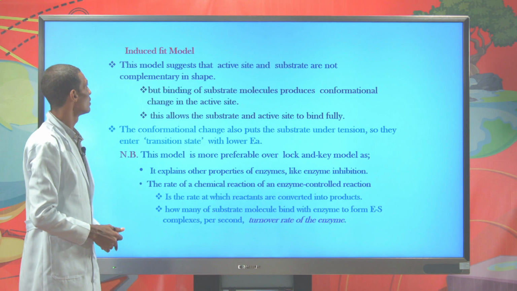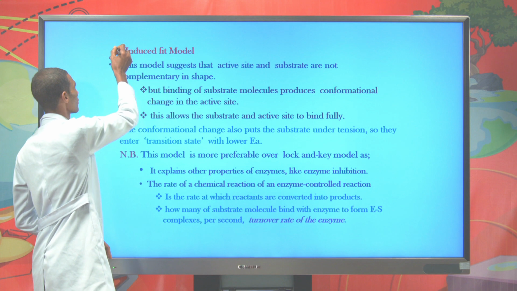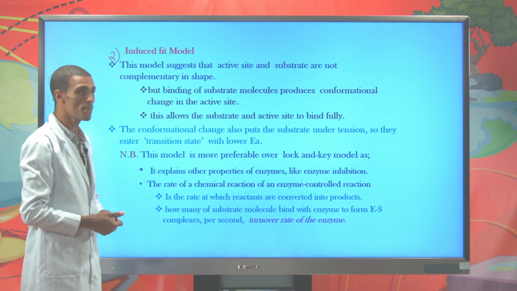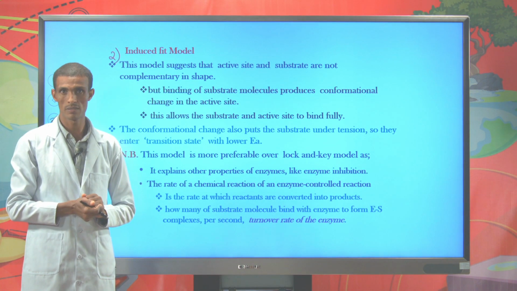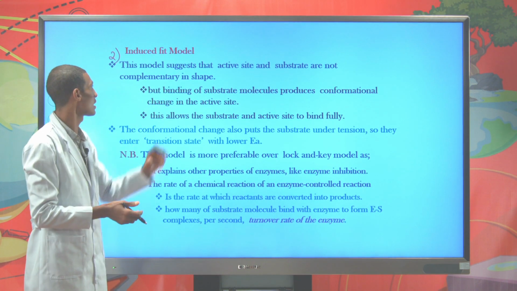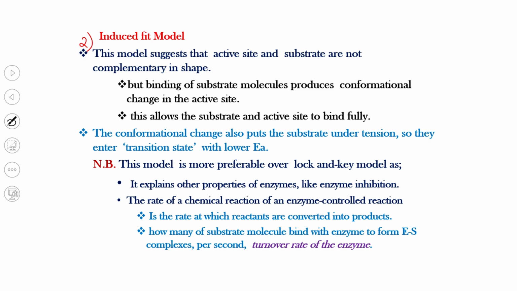Another model is the induced fit model. This is very important, and is more widely accepted than the lock and key model. This model suggests that enzyme substrate binding is not complementary at first, but the binding of substrate brings conformational changes to the shape of the active site.